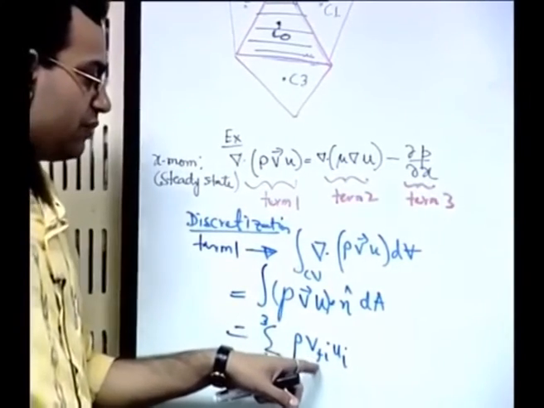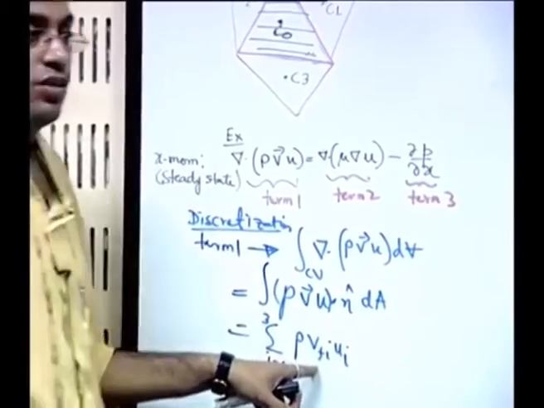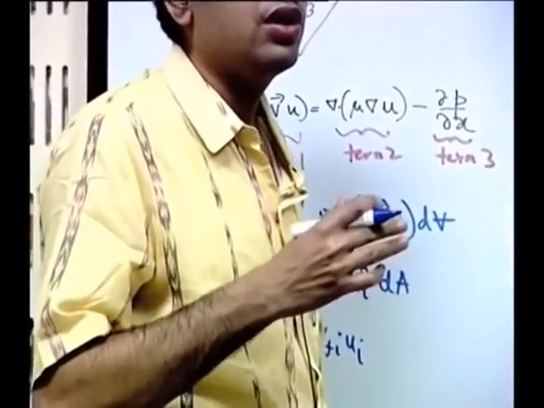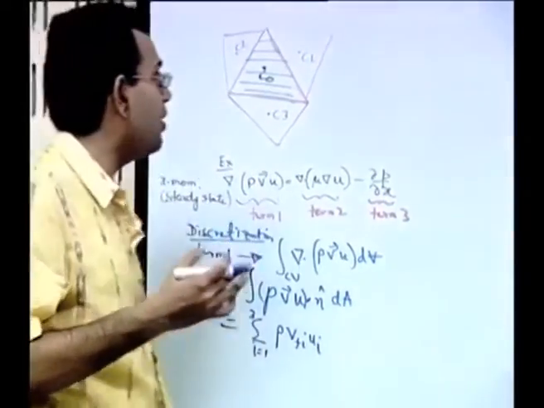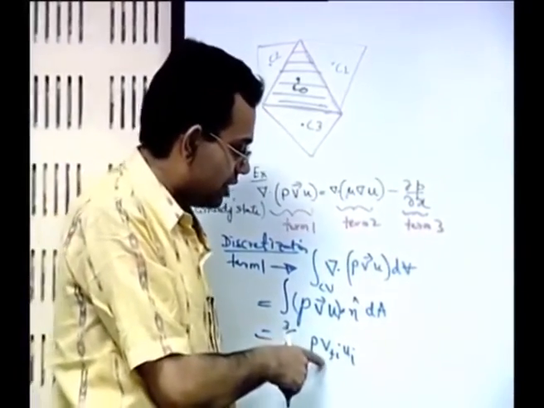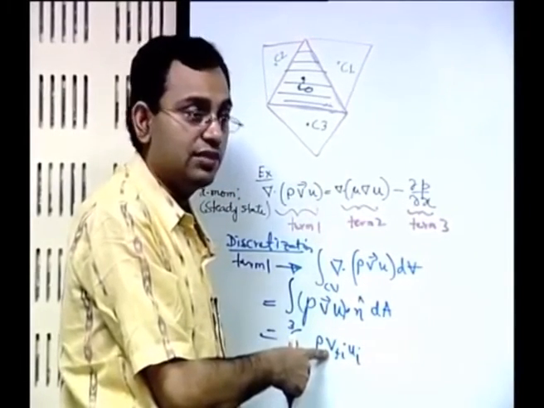rho into Vfi, where what is Vf? F is for face. When we say surfaces in computational geometry, they are more appropriately known as faces. So you have 3 faces of this triangle. Through each face you have a velocity, the normal component of velocity. What is that?